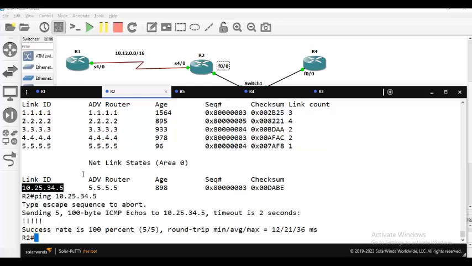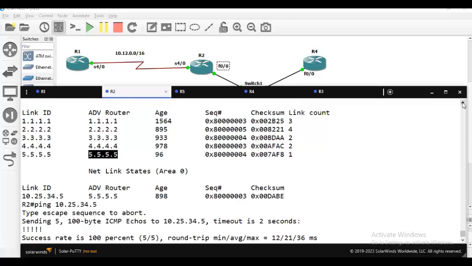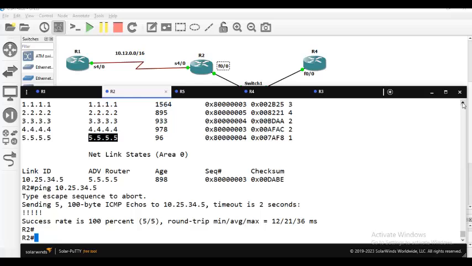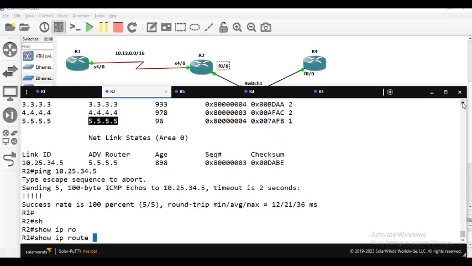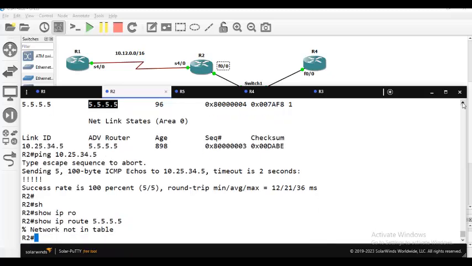You don't see that, but 4.4.4.4 you will find. 4.4.4.4 is coming from router 4, whose router ID is this.